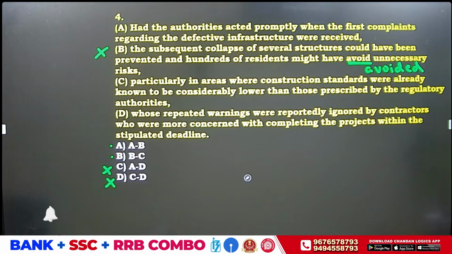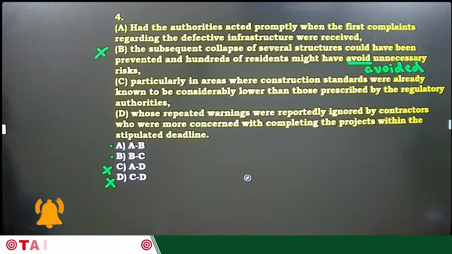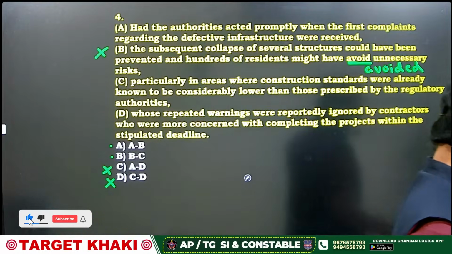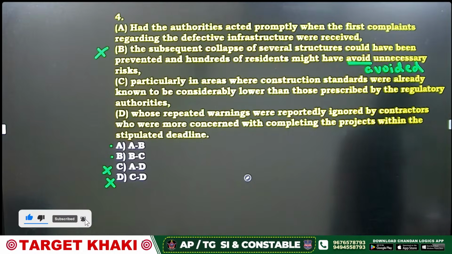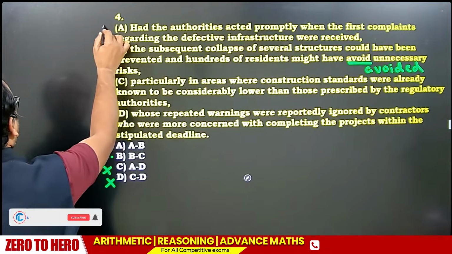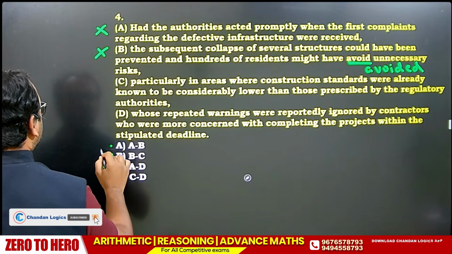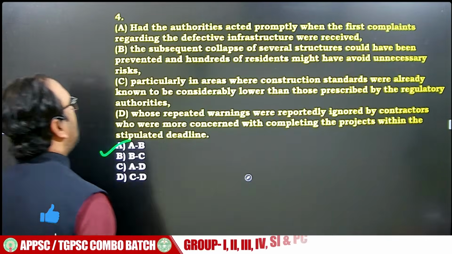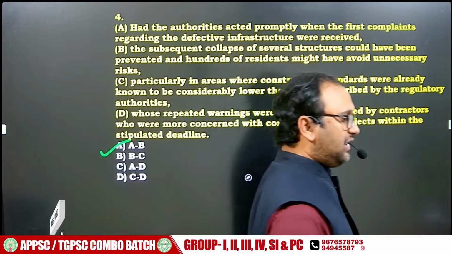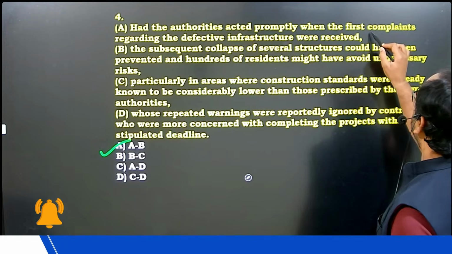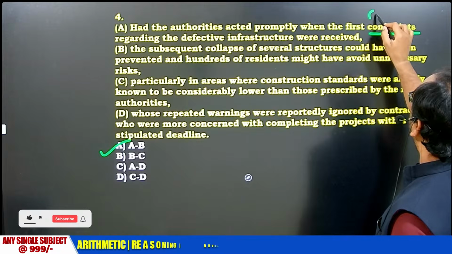Is the error in A or C? Yes, guys. The error is in the A part. Why? What is the error in the A part? Had the authorities acted promptly, when the first complaints, you don't have to use complaints there.